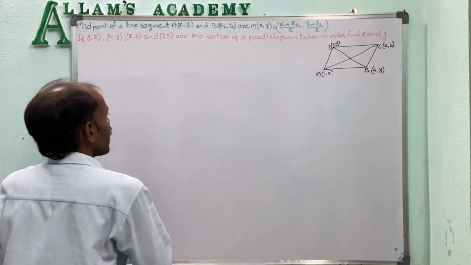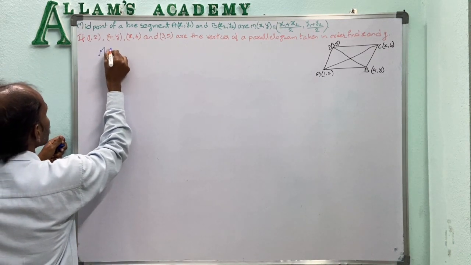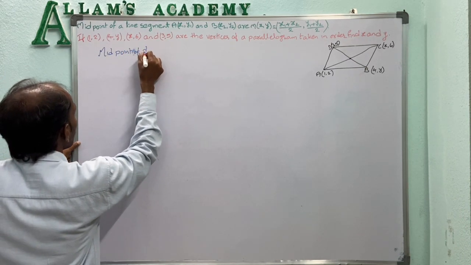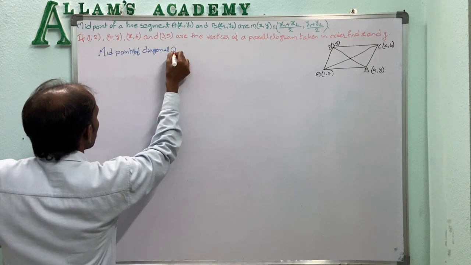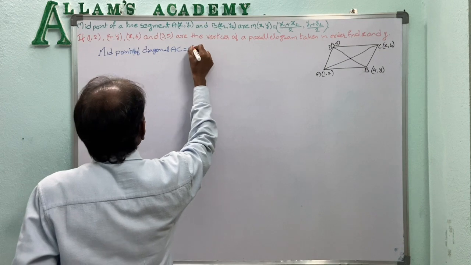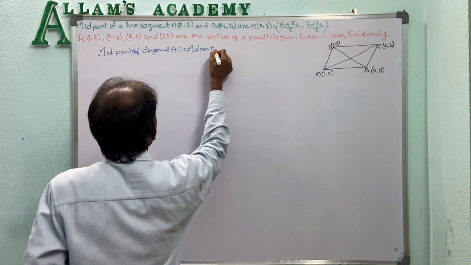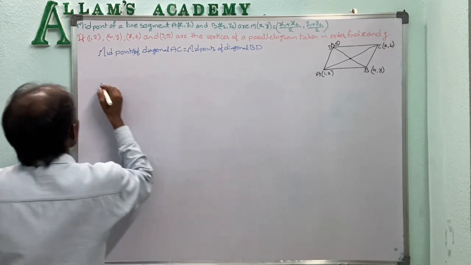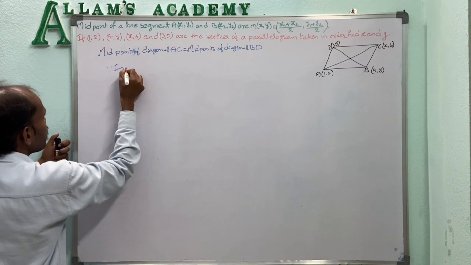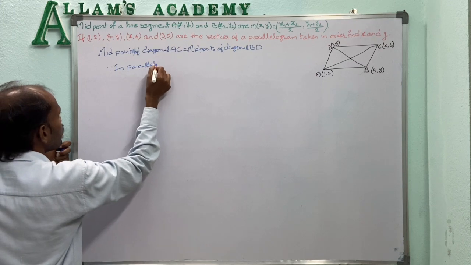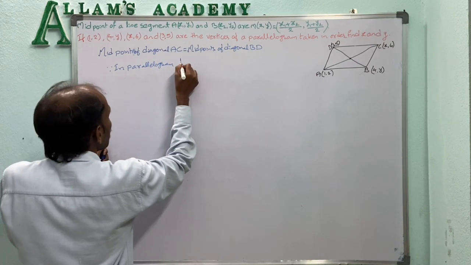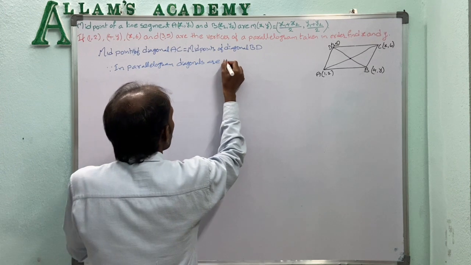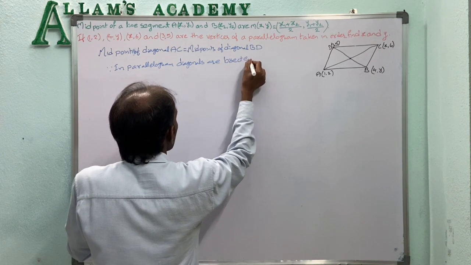The midpoint of diagonal AC is equal to the midpoint of diagonal BD, since in a parallelogram the diagonals bisect each other.